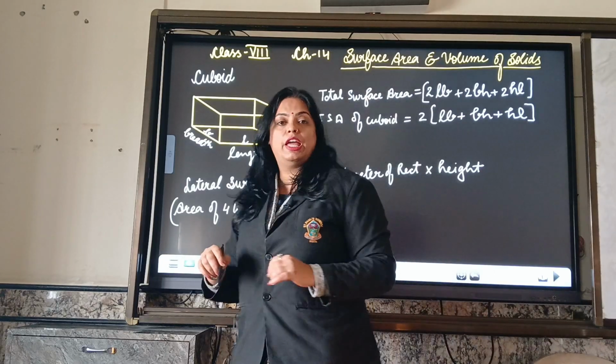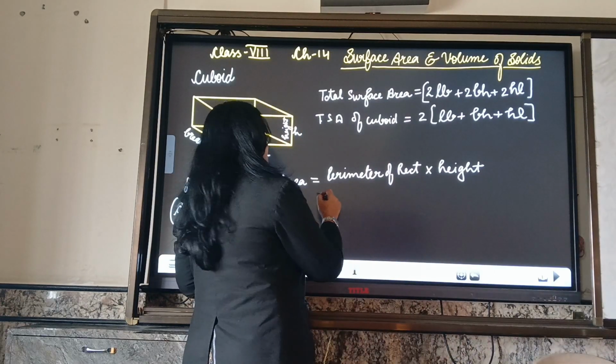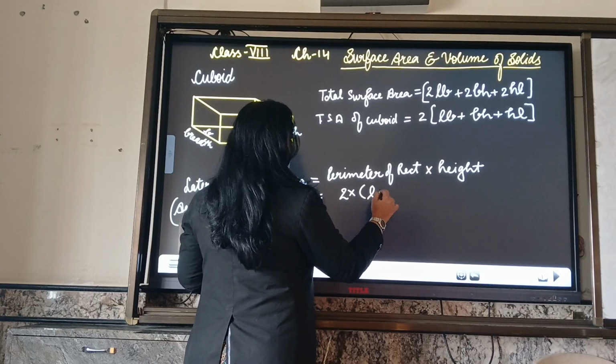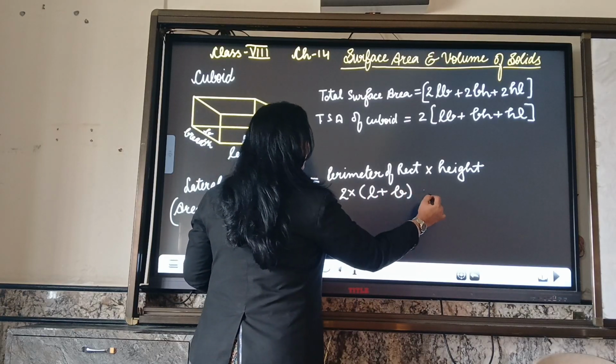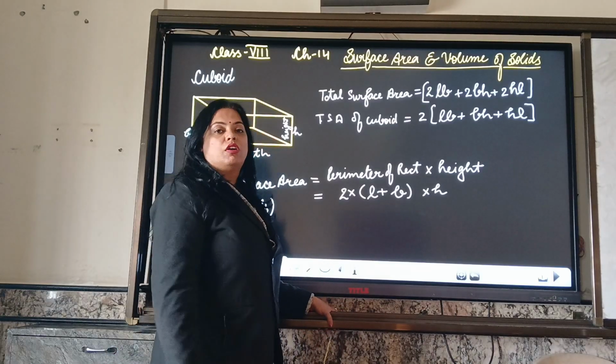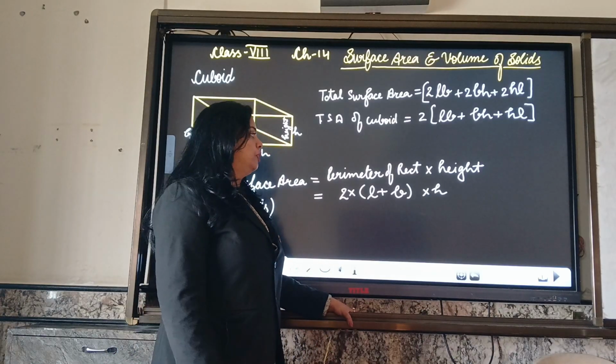So how will it look? What is the formula for perimeter of rectangle? Yes, we all know 2 multiplied by (L plus B), and height will multiply with it. See, this is the basic formula. Usually the question gives you a word problem like this.